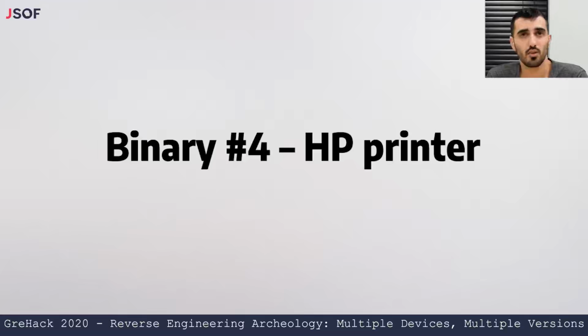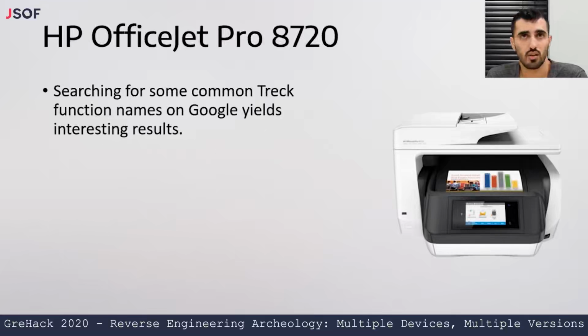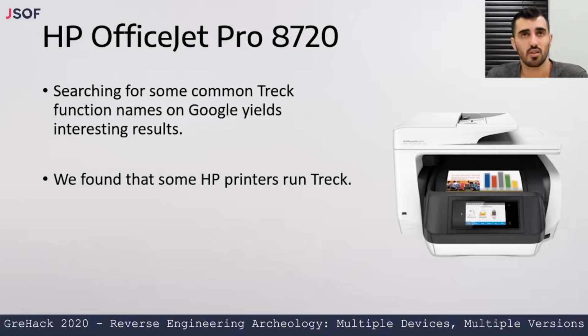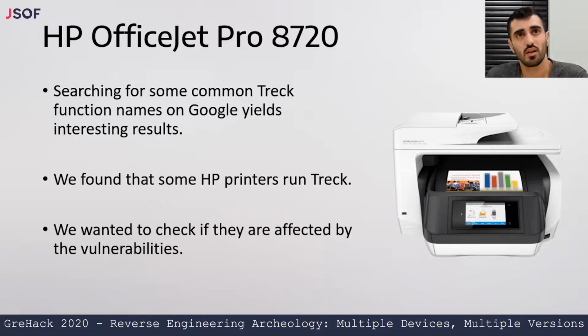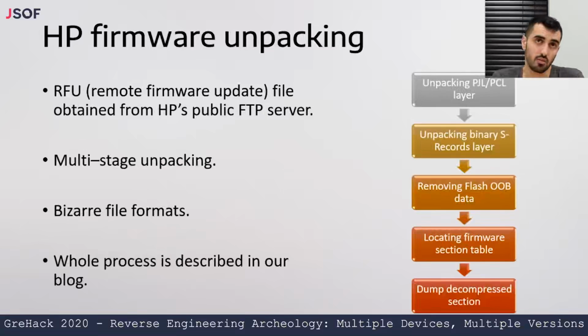Another device that we looked at is the HP printer. We just googled the common Treck function names, and we found that HP printers use Treck as their TCP/IP stack, and we wanted to check if they are affected by the vulnerabilities. The first step was to obtain the firmware, and we were able to obtain it from HP's public FTP server.